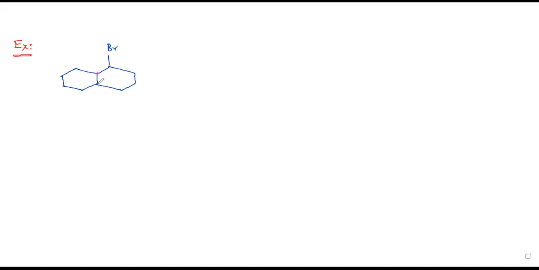See, these are the bridgeheads, and this bridge has no carbon atoms, so it is a zero bridge. In this case, let us consider alpha, beta, beta. Let this be possibility A and this be possibility B.